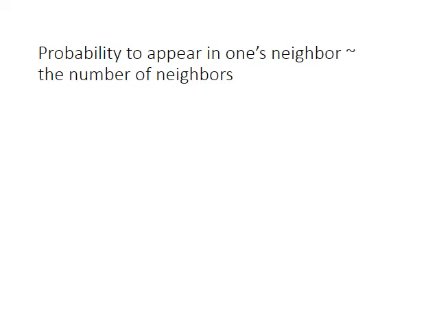The reason is the fact that a node appearing in one's neighbors means that the node is more likely to have many edges. So if you have more edges, you are more likely to appear in the neighbors of someone else.